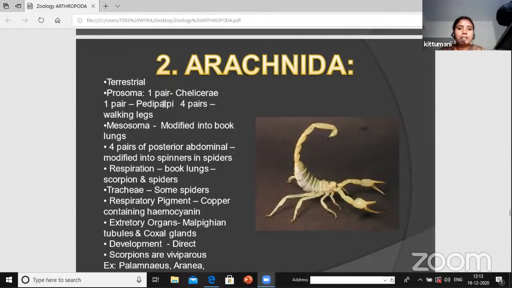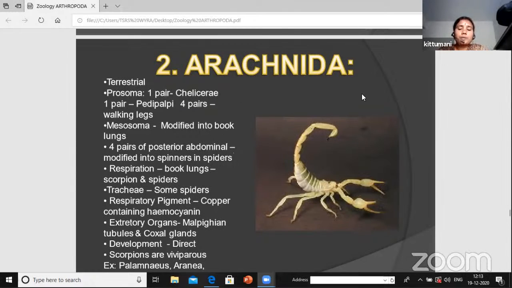Here 1 pair means 2, and 2 plus 4 makes 6 appendages. How many appendages? 6. All of you clear? So 1 pair of chelicerae for feeding, 1 pair of pedipalpi and 4 pairs of walking legs. Okay, we will observe.